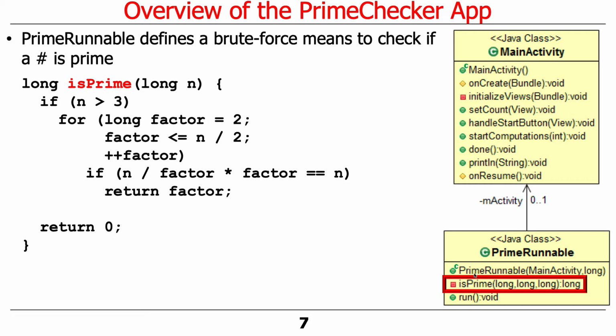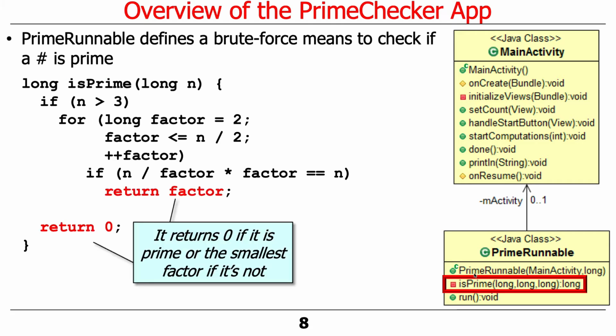The PrimeRunnable class is a Runnable, and it defines a very simple-minded way of checking to see if a number is prime. So here's the method isPrime, and you can see what it does is it just goes cranking away from 2 to n over 2, and it checks whether dividing by each of these factors gives a remainder of 0. If nothing divides it, then it's a prime number.